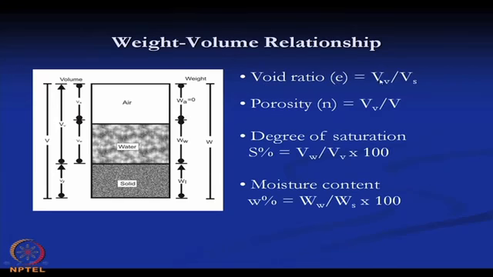Void ratio is defined by volume of void divided by volume of solid. Similarly, porosity is defined as volume of void divided by total volume.